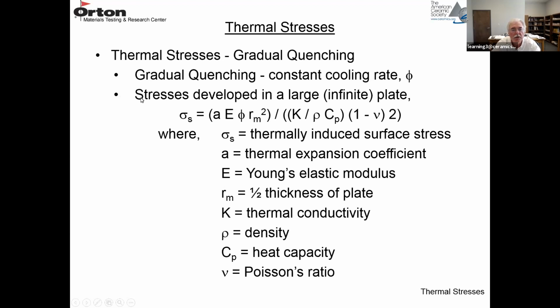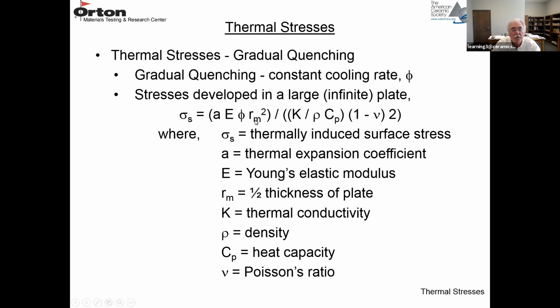So when you do that, this is the equation that results for stresses in a large infinite plate at a constant cooling rate. So again, the thermal stress on the surface is a function of the thermal expansion coefficient, the elastic modulus, the cooling rate, the sample size, and the sample size is squared.